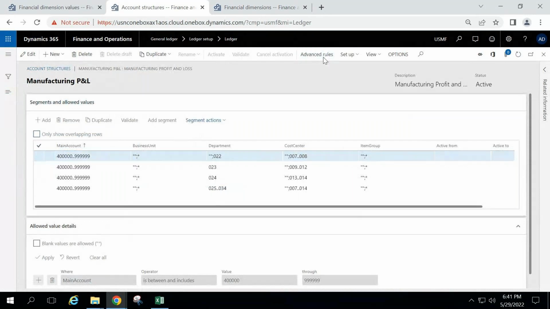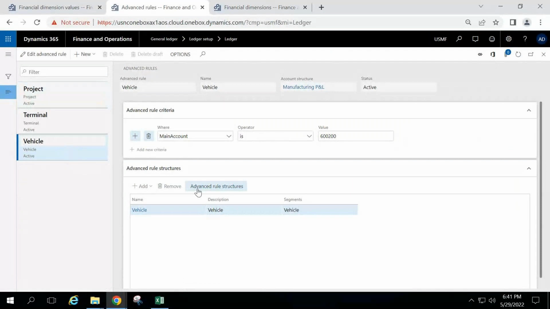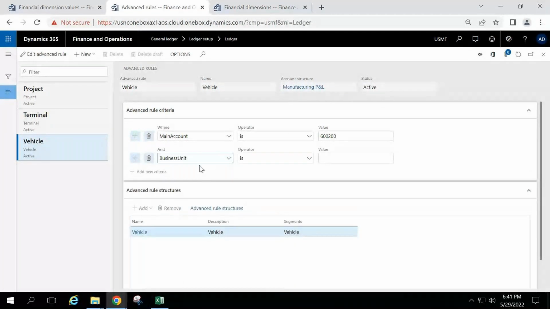When I go to the advanced rule, I have created this as a dimension, and I have added one advanced rule criteria as a main account. When I want to add another advanced criteria, when I'm giving 001, how to activate this one? It is not taking. When I refresh it, actually I don't have the save button here.